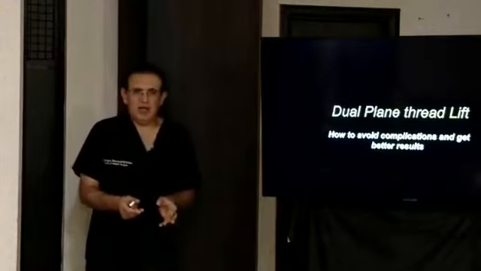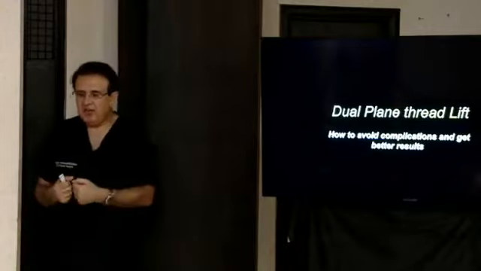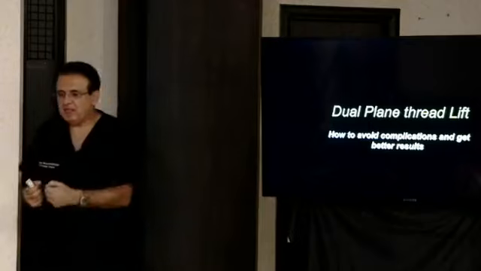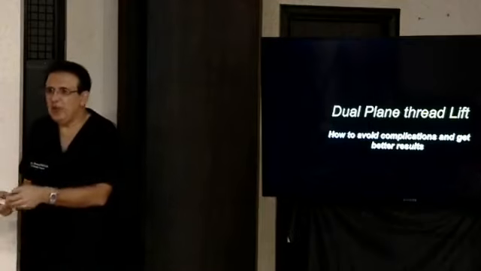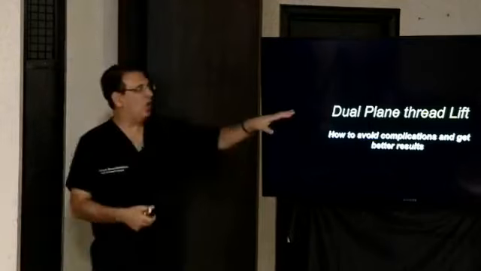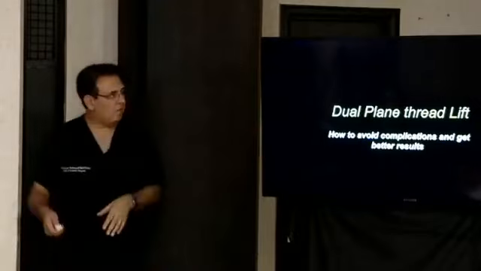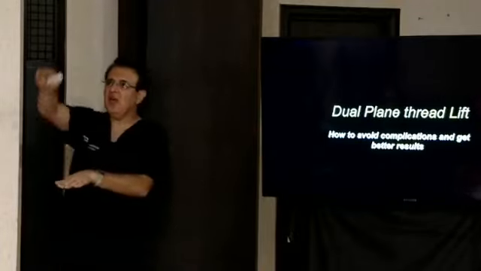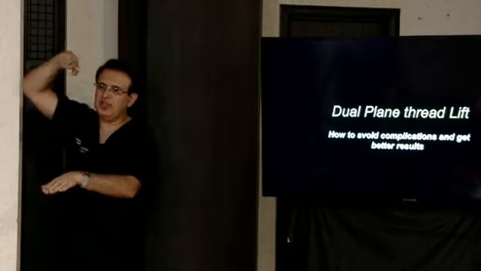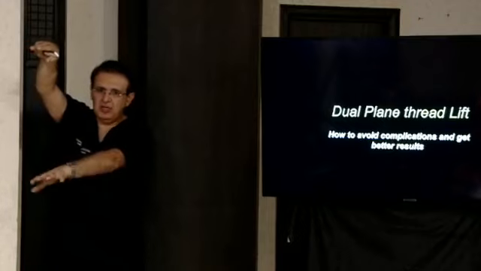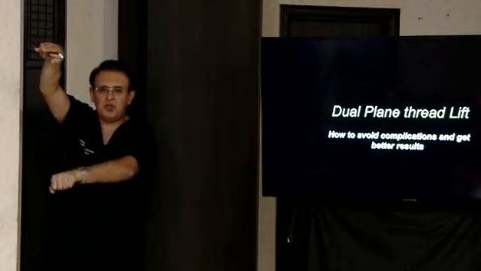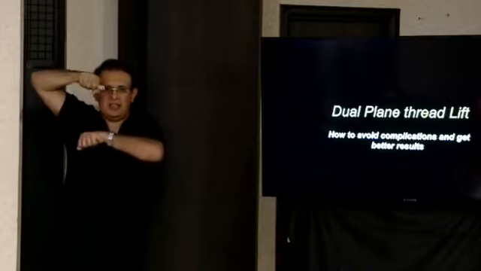This one will give me better results, and this technique will now replace my dual plane thread lift. My dual plane thread lift was basically for the skin, I was using the cogs. For the deep tissue, I was using the cones. So I was pulling it like this.